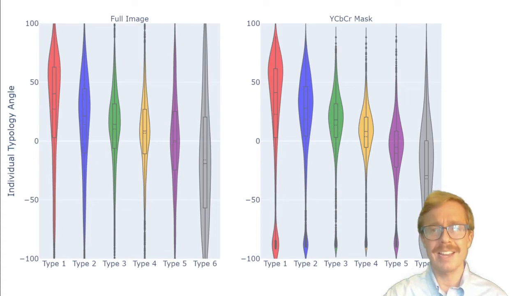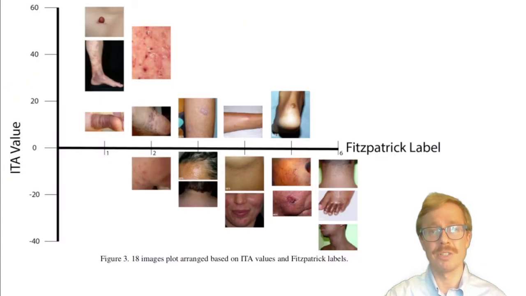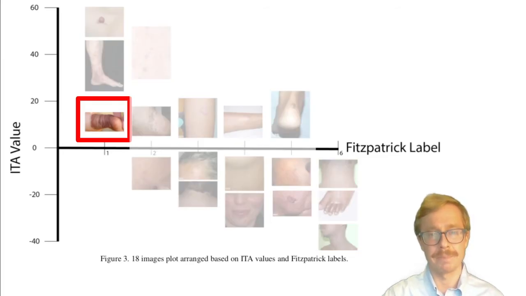But we see that ITA produces quite a large range of values for each Fitzpatrick skin type. This next plot shows you ITA values on the y-axis and Fitzpatrick skin labels on the x-axis for a sample of 18 images. From a visual inspection, the discrepancy between ITA values and Fitzpatrick labels seems to be mostly driven by variance in ITA values, like this image of a foot.